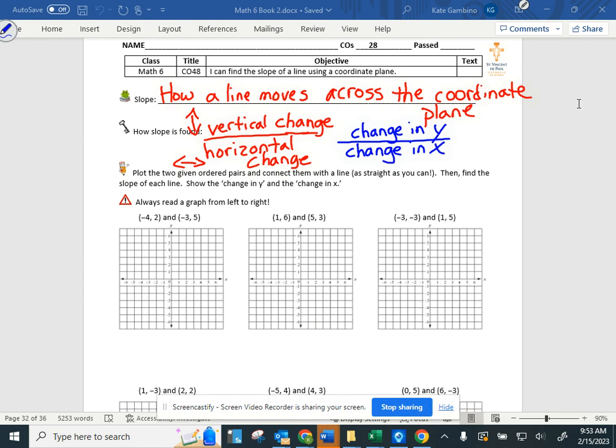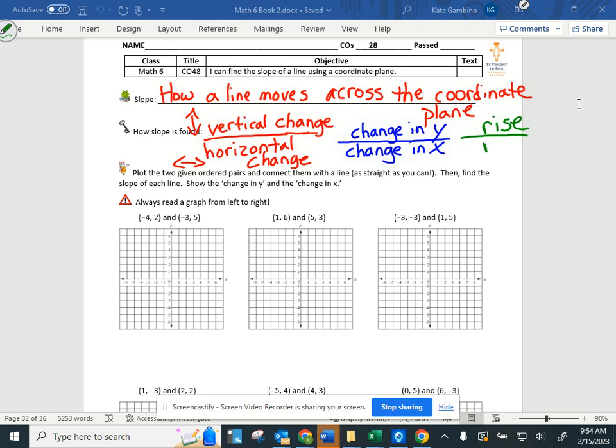Another way to look at it is when we go up and down, we call that the rise. So think about a balloon rising up and down as it's getting filled with helium and the helium's coming out. So we call it the rise. And then going across that x-axis, it's like you're running across. So you run straight or you run backwards.